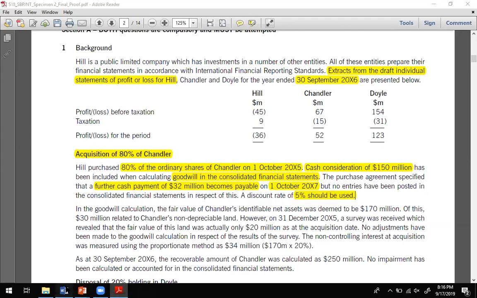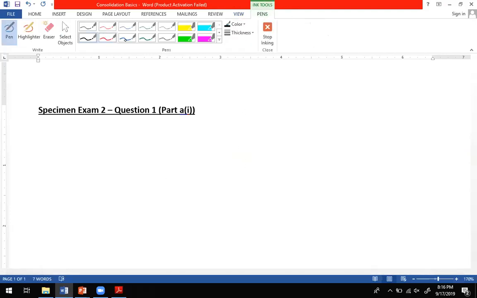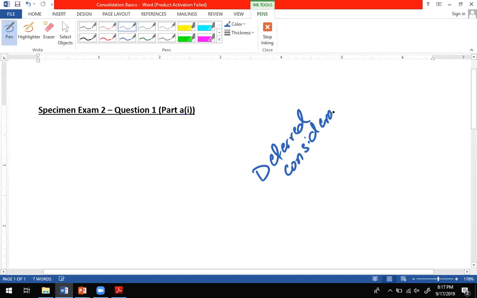So this means we are talking about a deferred consideration, and whenever we talk about a deferred consideration, we are going to record this at what amount?